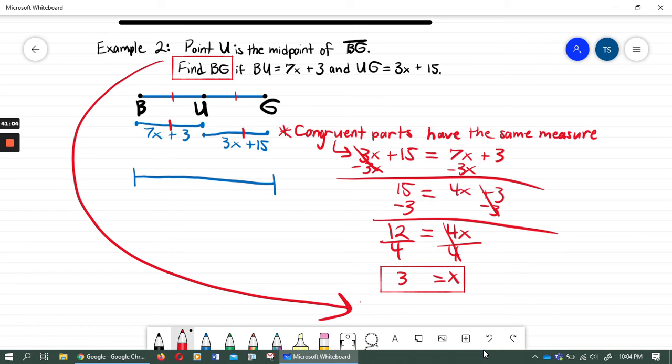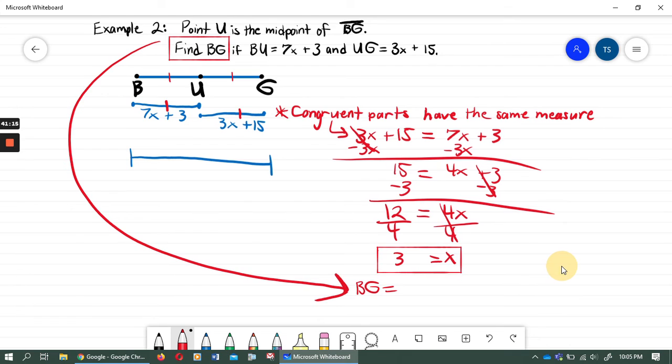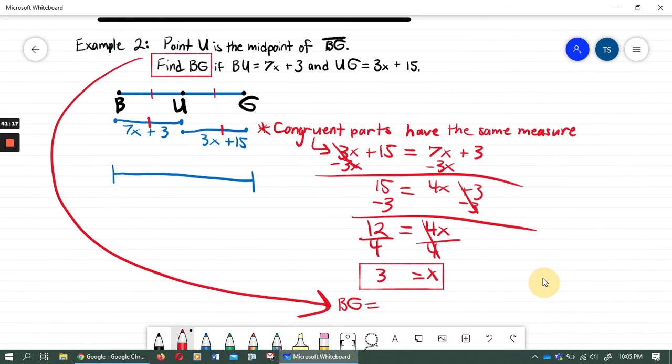Remember, folks, that the length of segment BG, technically, here's another place where our segment addition postulate comes into play, right?